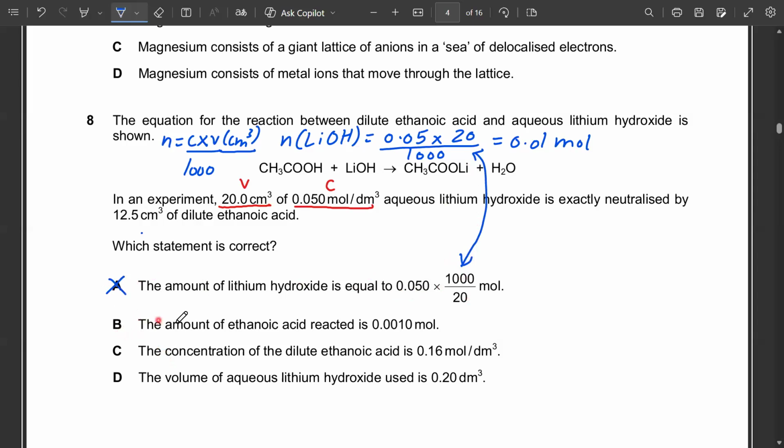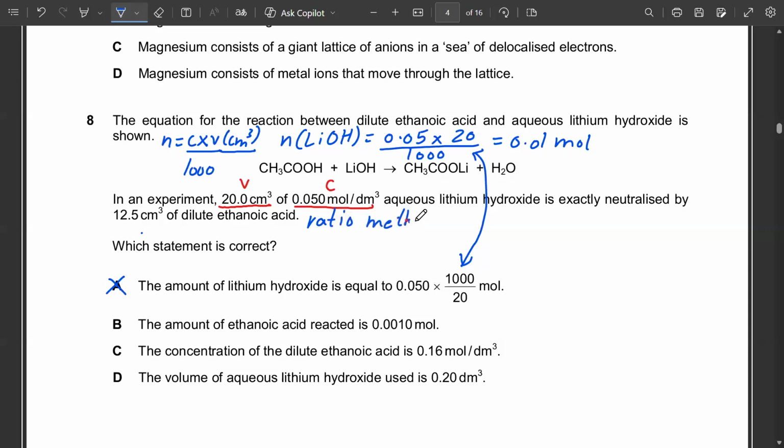So let's see option B. Option B says the amount of ethanoic acid reacted is 0.001 mole. How do we check it? If this much ethanoic acid reacted, we need to use the ratio method here.